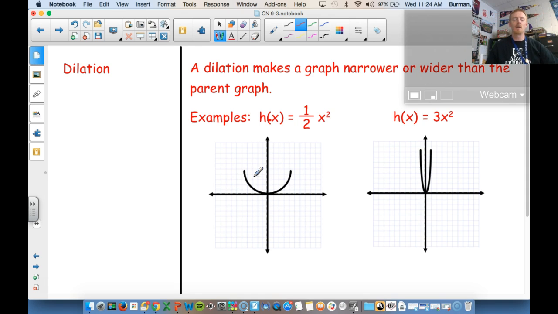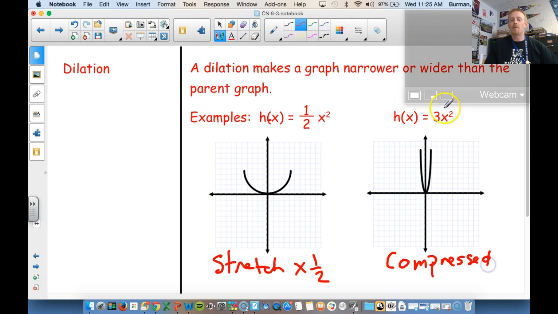We're stretching it. So we're going to describe this as it's being stretched by 1/2. On the other one, we're being compressed. If the number, the coefficient of the x squared, is greater than 1, it's being compressed by a factor of 3. So times 3. So it's 3 times pushed in.